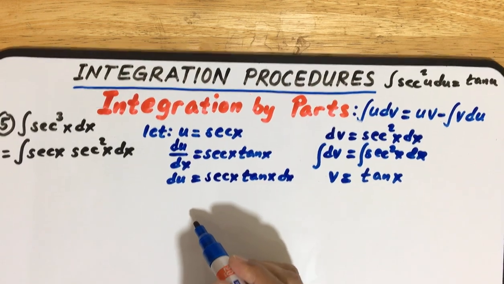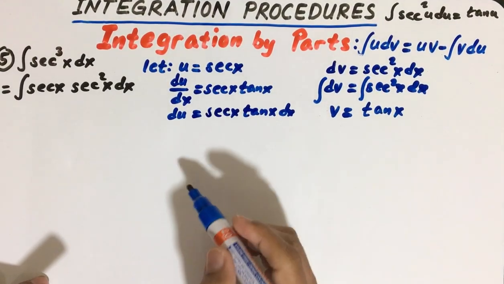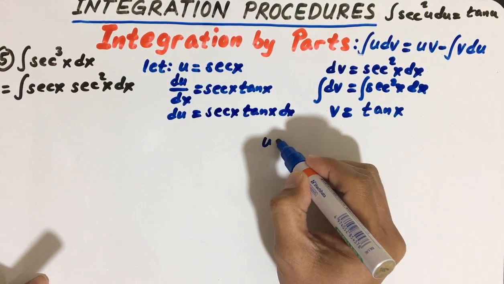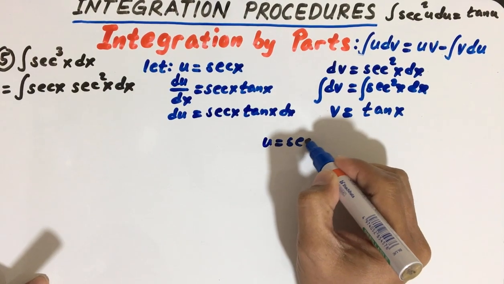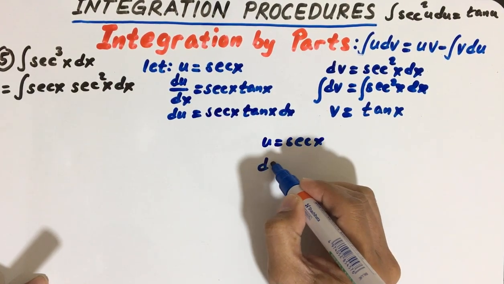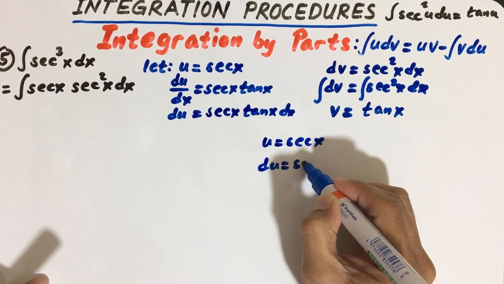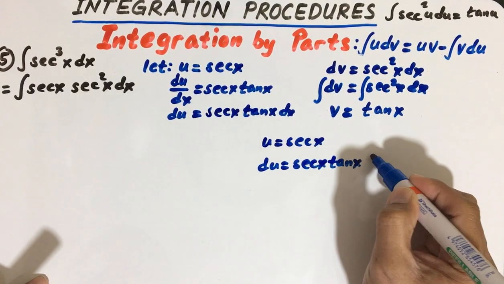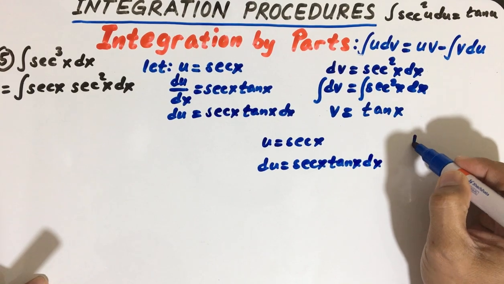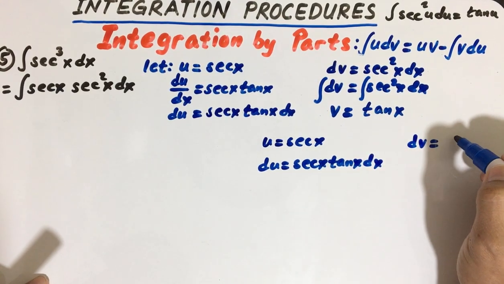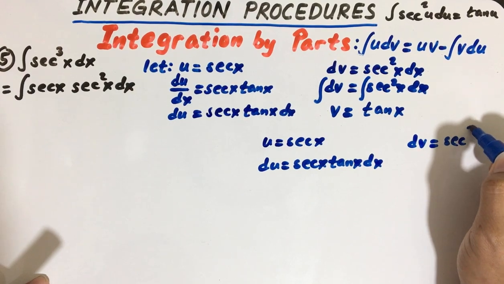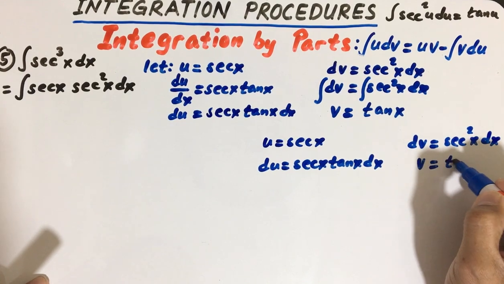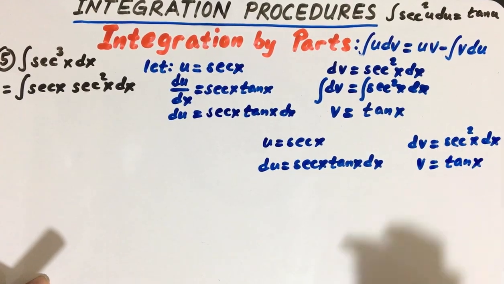So I'll summarize it here. Our u is equal to secant x, then our du is equal to secant x tangent x dx, then our dv is equal to secant squared x dx, then our v is equal to tangent x.